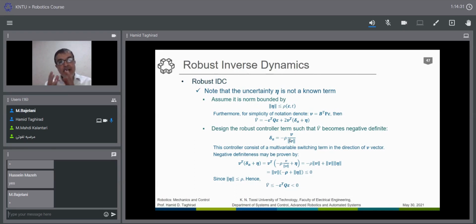It would be a multivariable sign. Of course, it is quite advanced. Usually in nonlinear control, we start with a single parameter and then go to the vector case. But in robotics, we cannot go with a simple case because you usually have multiple degrees of freedom. We have a multivariable case.